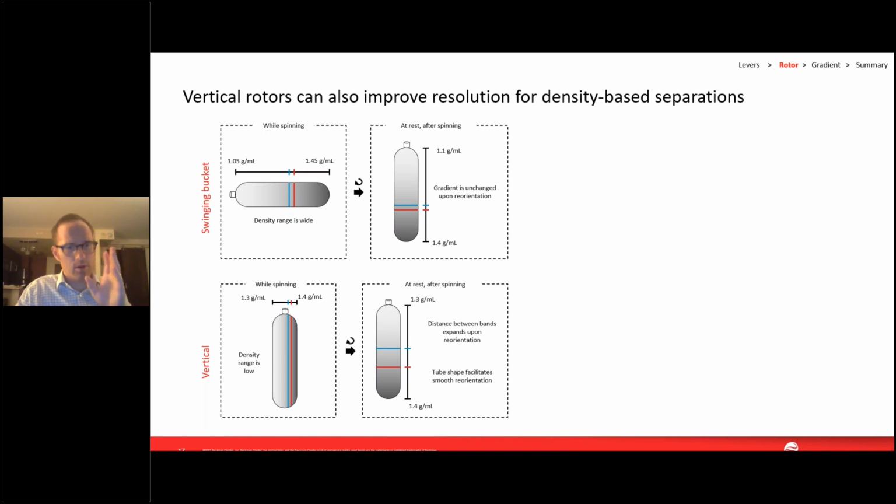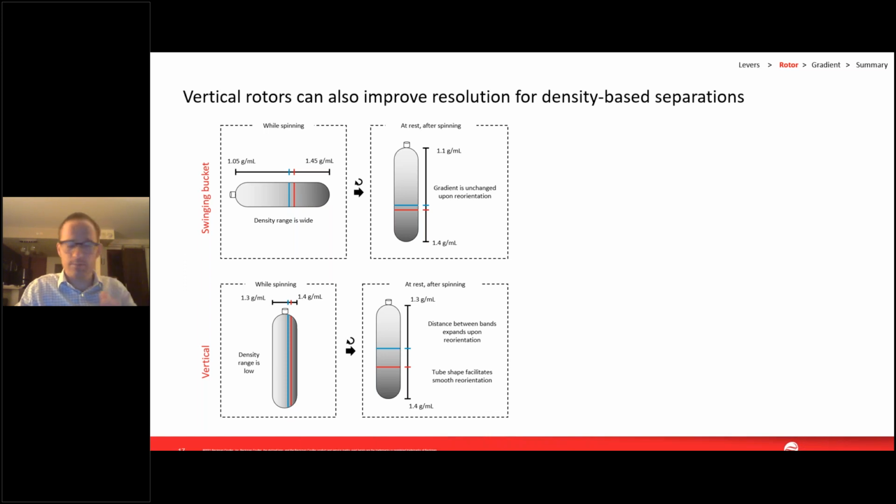When it is in the rotor, in a vertical rotor, it is forming vertically, but then when the bands come to rest, the amount of volume in between the bands remains the same, but because the tube is longer than it is wider, there's going to be an expansion of the distance between the bands. This happens because of the reorientation of the gradient.